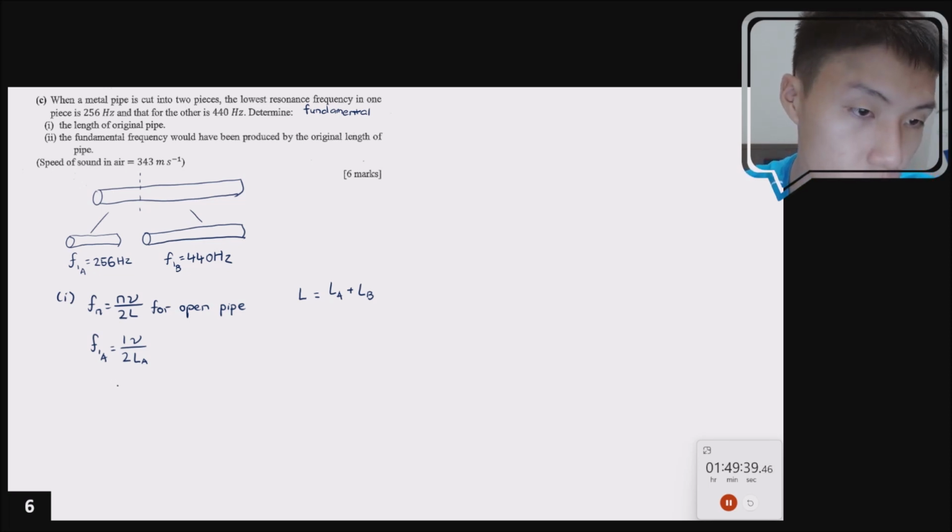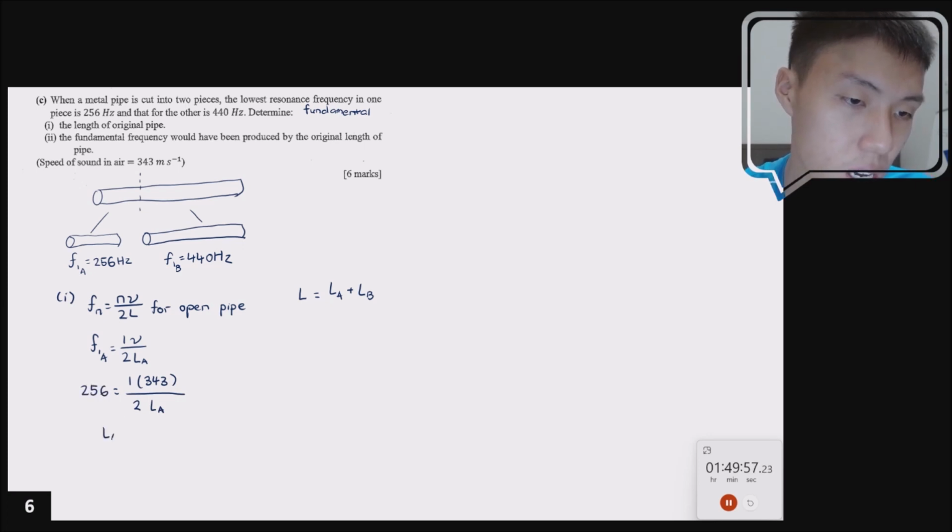Okay, so now we can substitute: 1 times the speed of sound in air, 343, over 2 times the length of pipe A, LA. For pipe A, the fundamental frequency is 256.